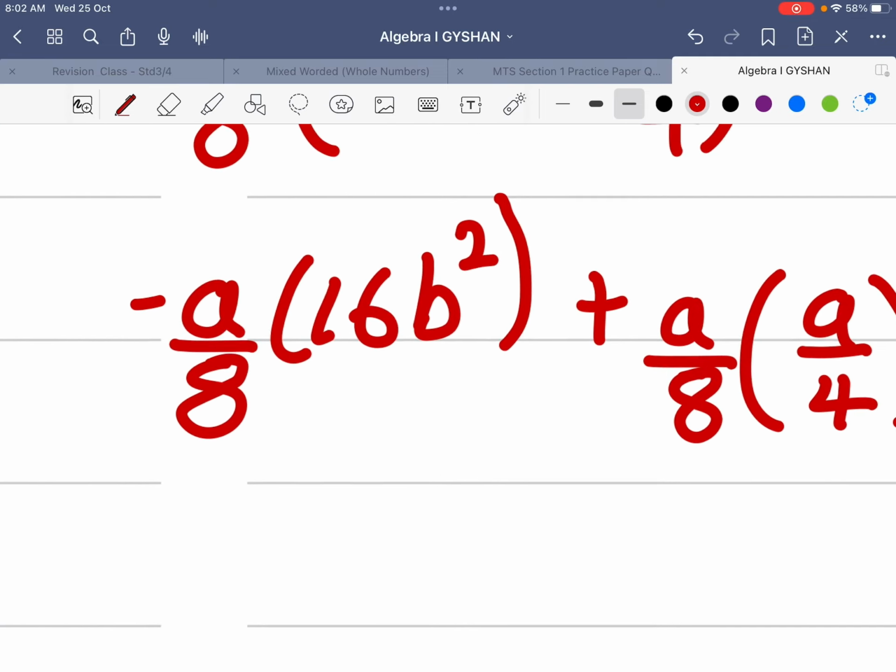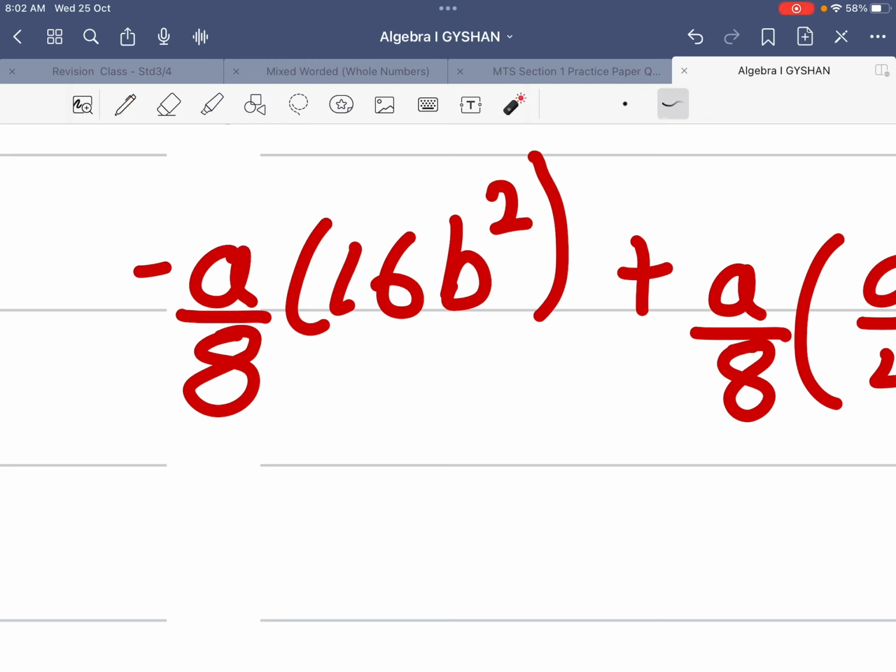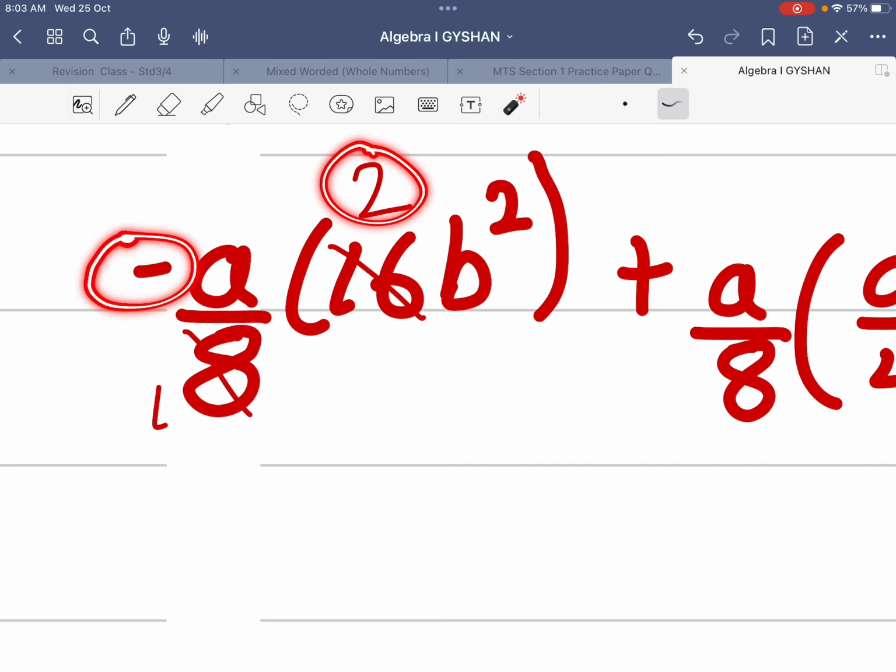So let's work this out. 8 into 8 is 1, 8 into 16 is 2. So that's negative or minus 2ab squared.